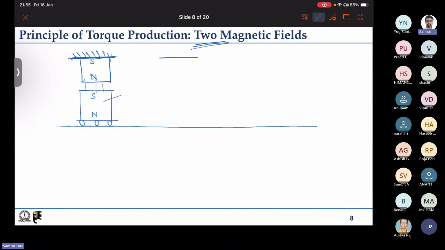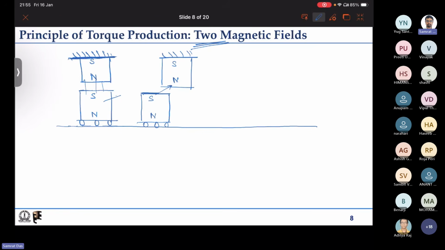Now we create the same thing. Here we have south, here we have north, and we displace this one by some displacement, and this is the south, this is the north. Now what do you think will happen?